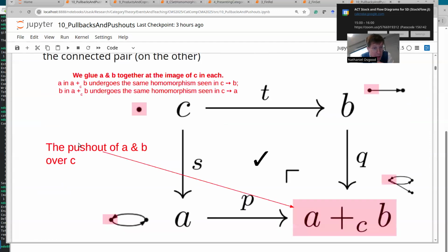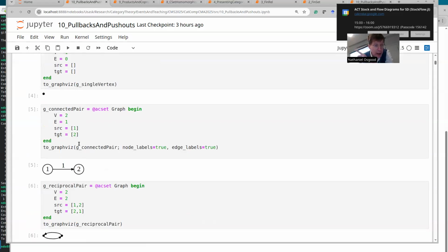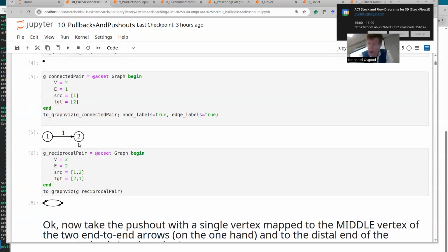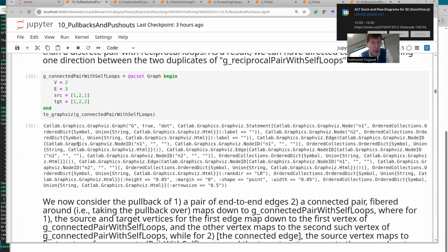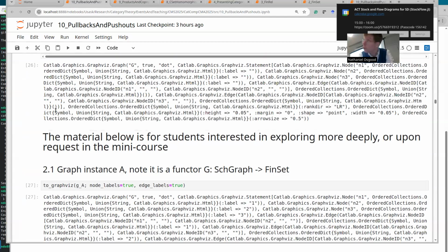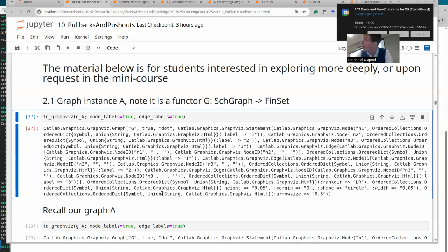I did cut out GUnit. I reran it down to line 26. The rest is for students exploring more deeply, so I didn't rerun all of that. But I will get you a fix for that.